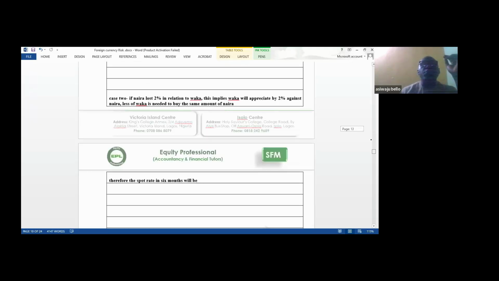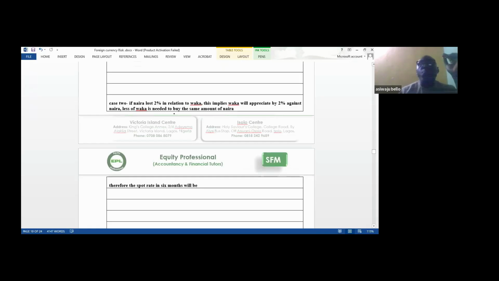Scenario 2, case 2: if Naira loses 2% in relation to Waka, this implies that Waka will appreciate by 2%.